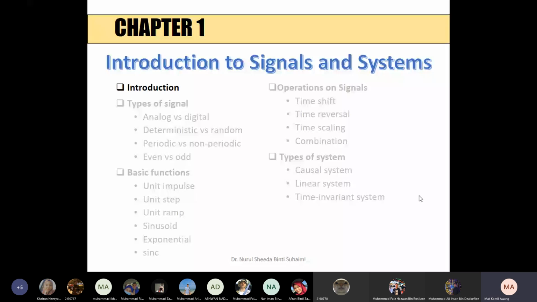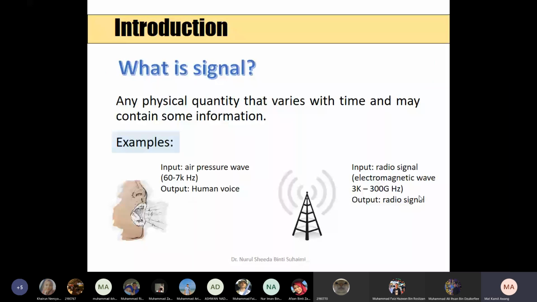So the introduction, basically, last week we talked about what is a signal. A signal is a physical quantity that varies with time and may contain some information. A signal can be an electrical signal, a sound wave, speech, an electromagnetic wave, radiation, or an image.